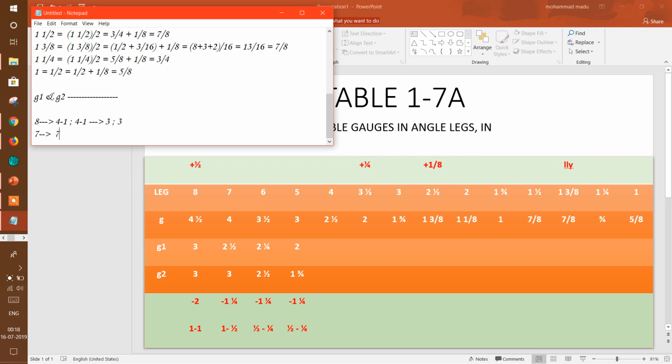And when coming to 7, 7 is divided into equal halves now. 3 1 by 2, 3 1 by 2.